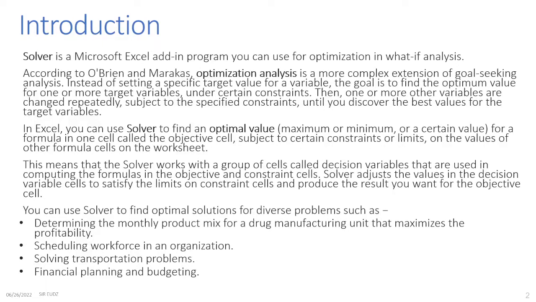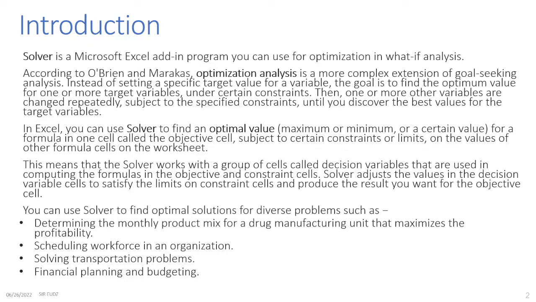This means that Solver works with a group of cells called decision variables that are used in computing the formulas in the objective and constraint cells. Solver adjusts the values in the decision variable cells to satisfy the limits on constraint cells and produce the result you want for the objective cell.